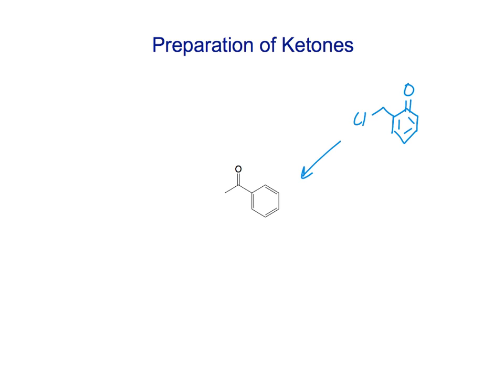I put that in the wrong place, didn't I? So that's lithium, copper with, remember, 2 of the alkyl groups. In this case, we want 2 methyl groups. We have to quench it with water.